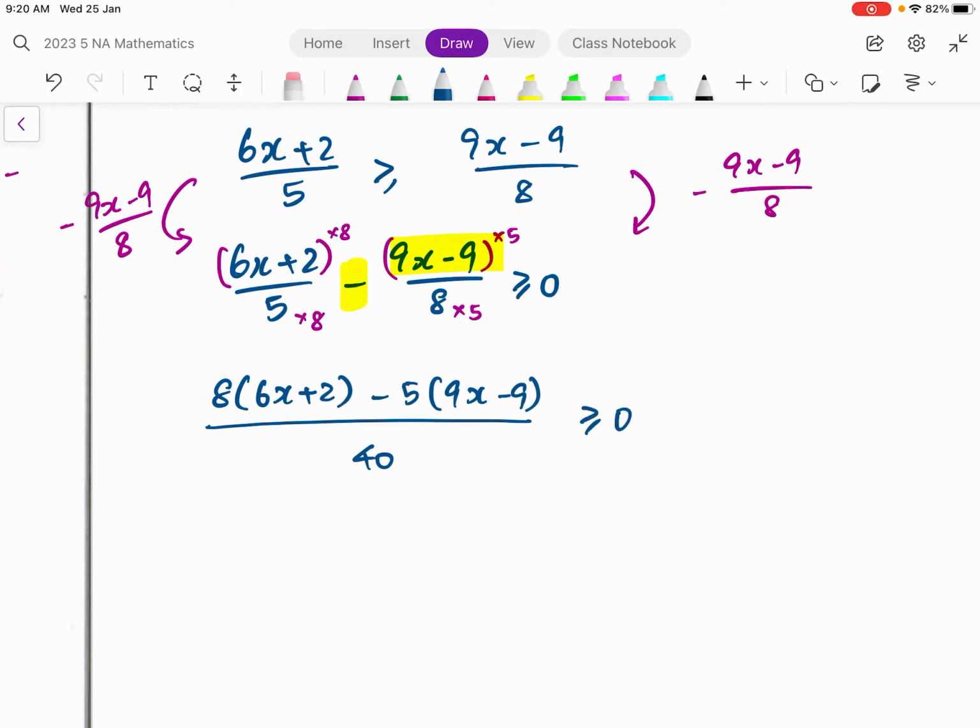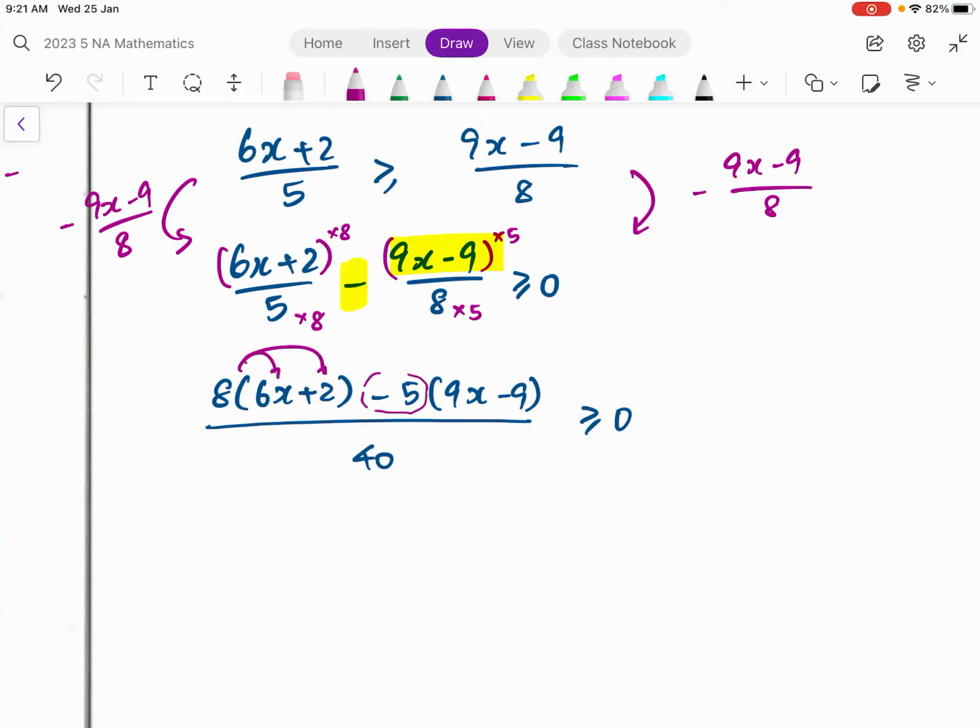I know it is very tempting to straight away write 48x plus 16 minus 45x, either plus or minus 45, depending on whether you know your stuff. Okay, the correct answer is plus 45. But if you are not sure, combine, don't expand. At this point, then you expand.